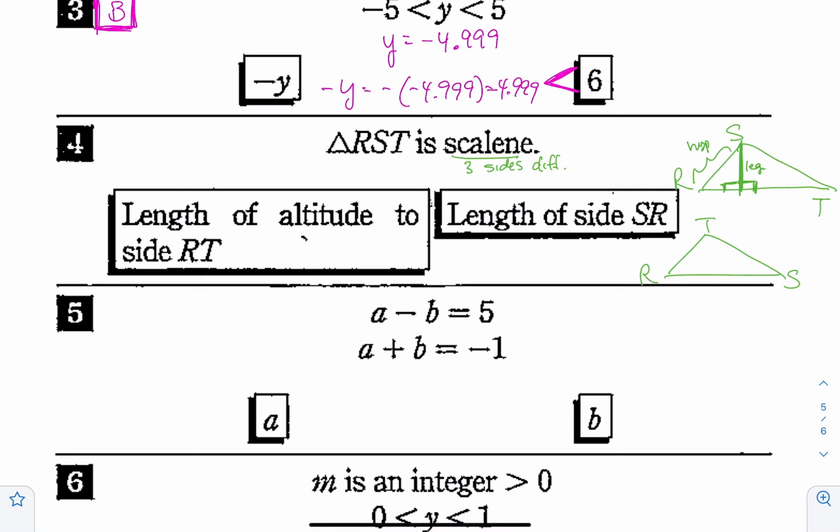So in this case, the altitude to the side RT versus side SR. If you draw it this way for number 4, no matter which way you draw it, the SR will always be the hypotenuse.